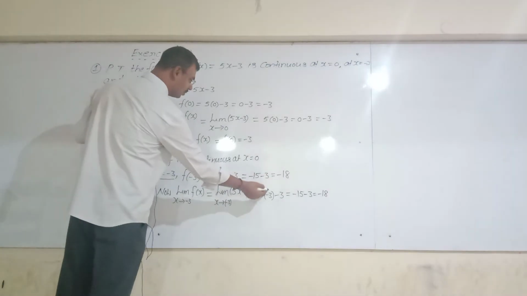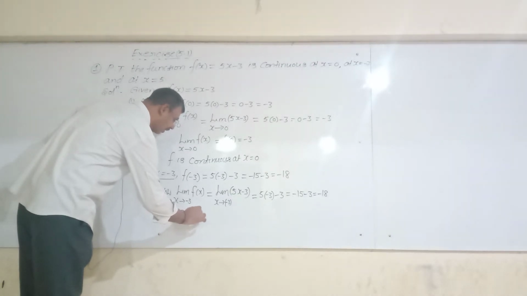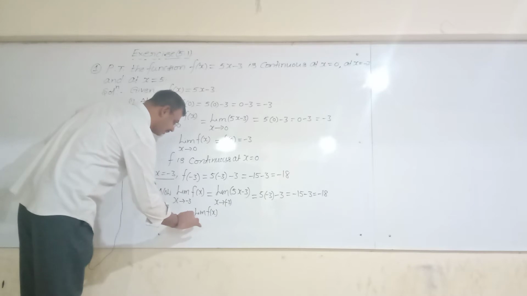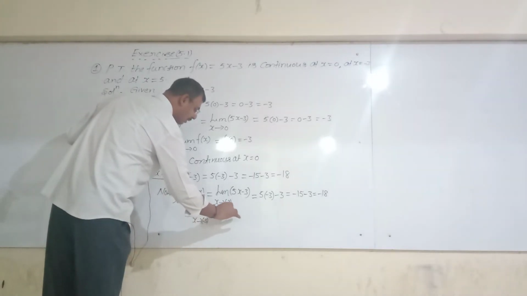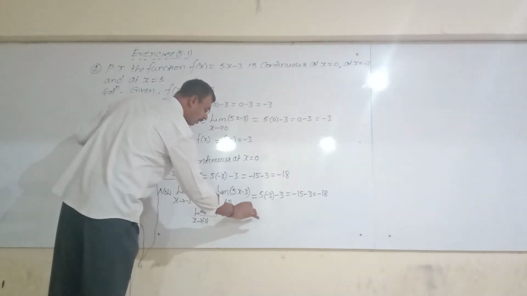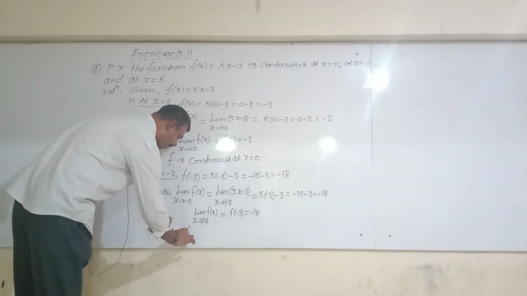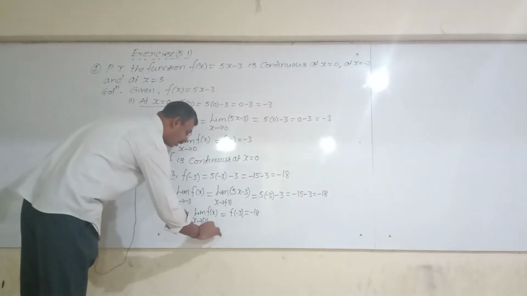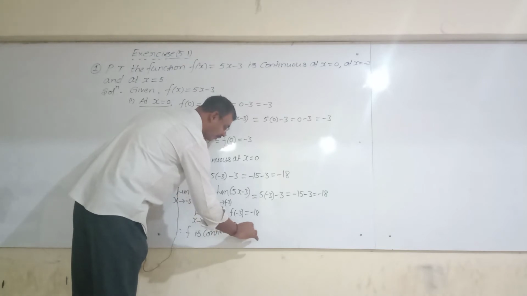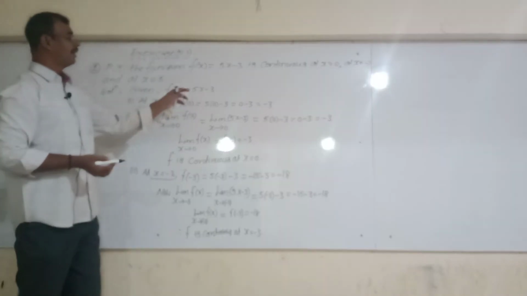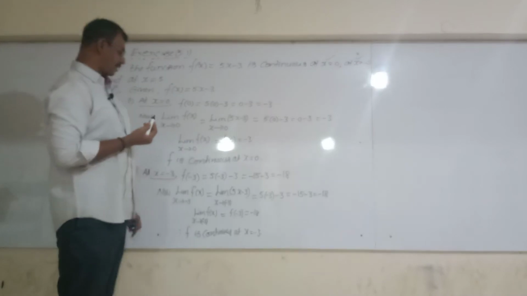So here also it is true, the limit is equal to f of -3. Hence we can write f is continuous at x equal to -3. This is the second bit.